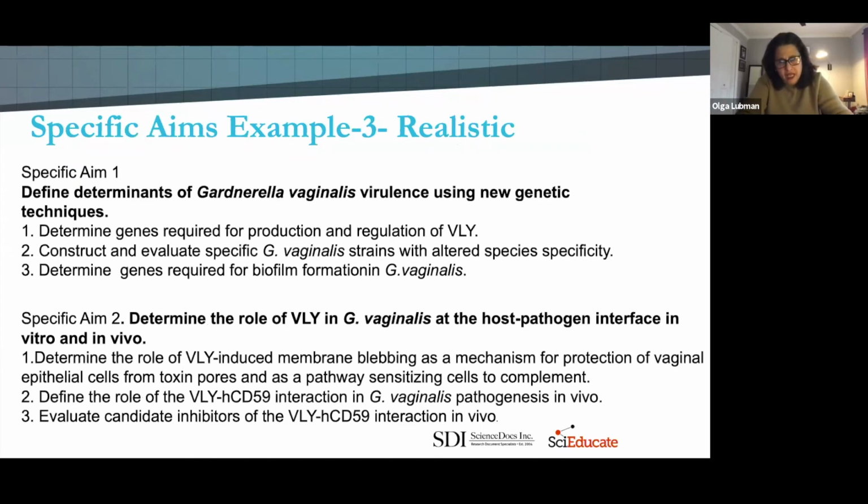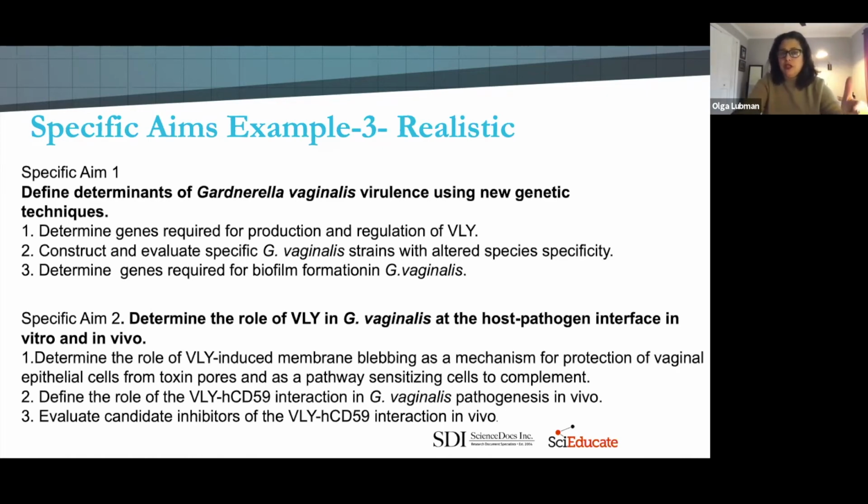Your specific aims need to be realistic. And here's an example of what a realistic specific aim may sound like. We want to define determinants of Gardnerella vaginalis virulence using new genetic techniques, and then simply bullet point in a single sentence what it boils down to. We will determine the genes required for production.